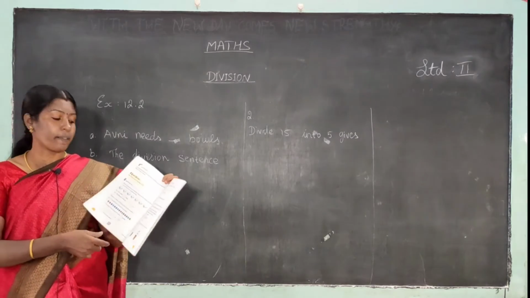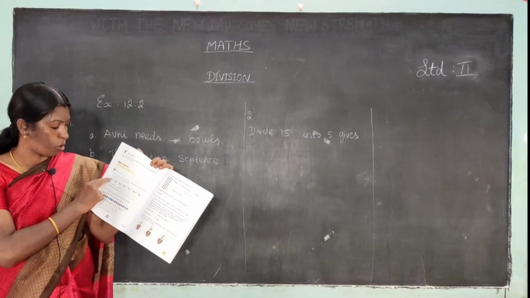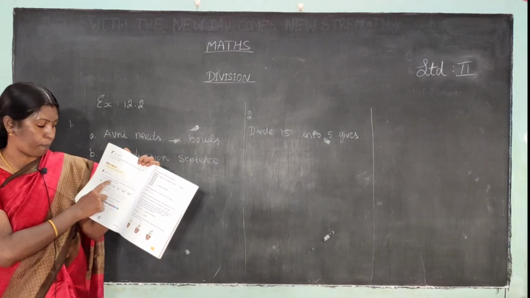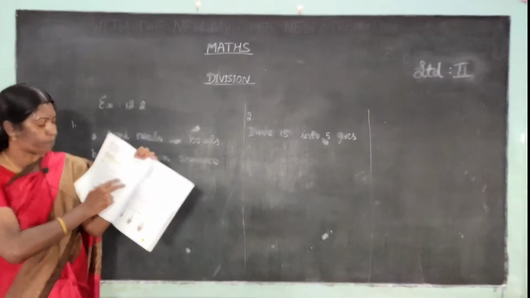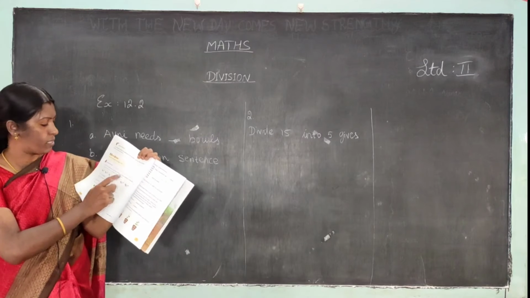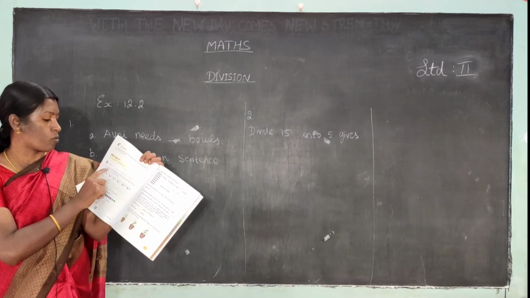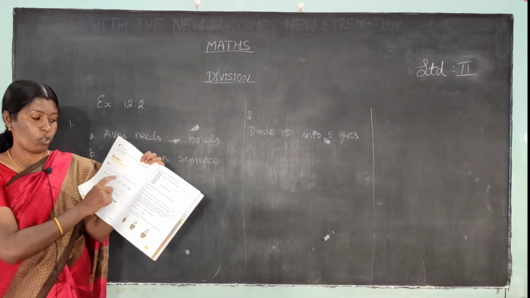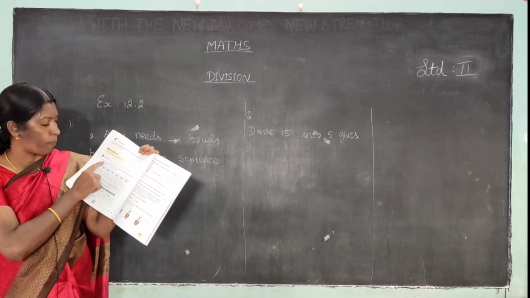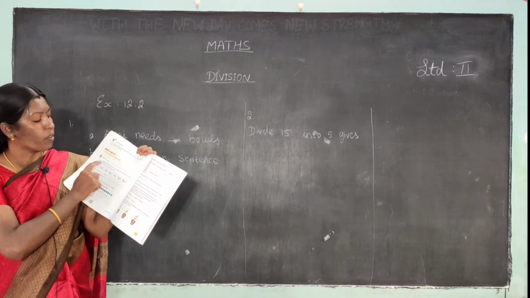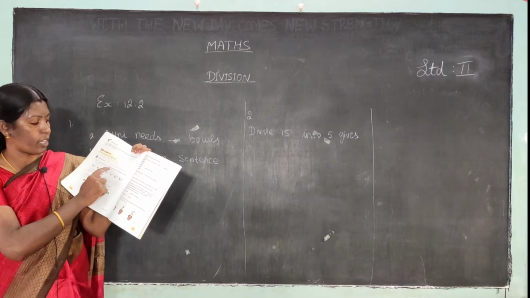Read the first question. What is it? Draw 5 chocolate balls in each bowl. To find out the number of bowls, Avni needs to serve 16 chocolate balls. Okay, once again I am reading. How many chocolate balls in each bowl? 4 chocolate balls in each bowl.